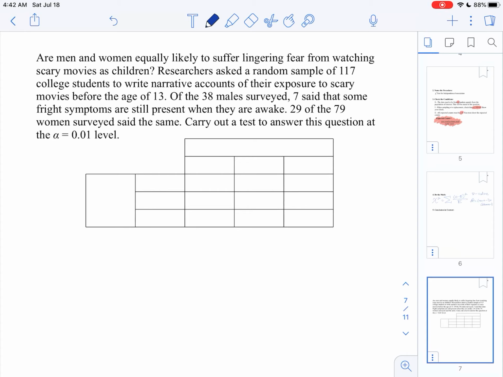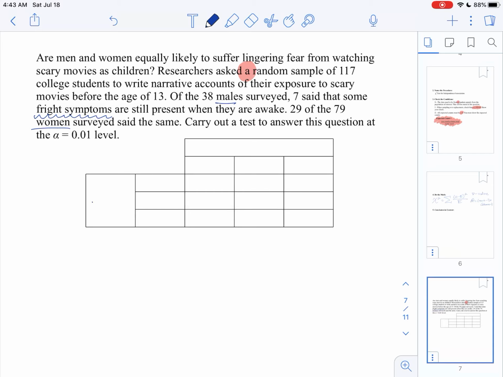Okay, so on our table, what are the 2 variables that they are looking at? You saw they took one single random sample of college students, and then they classified them based on their gender, males and females, and whether or not they had fright symptoms.